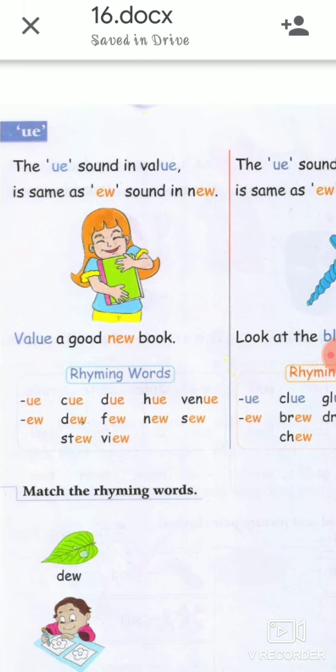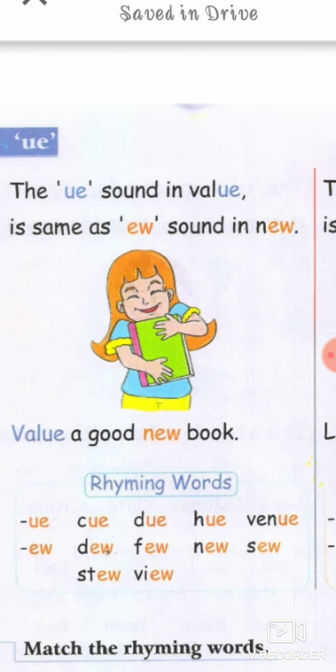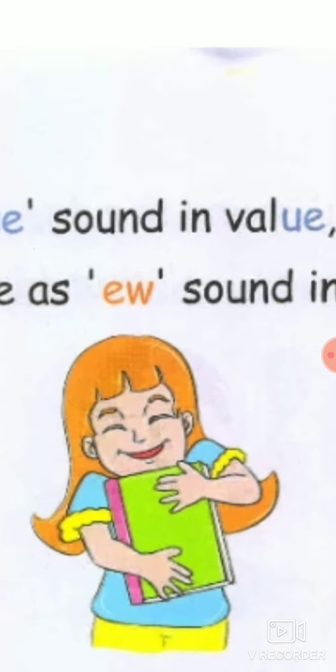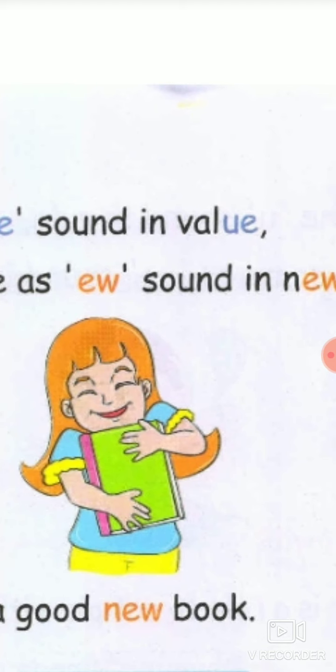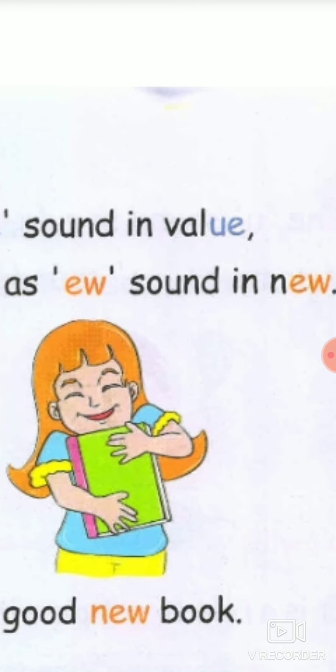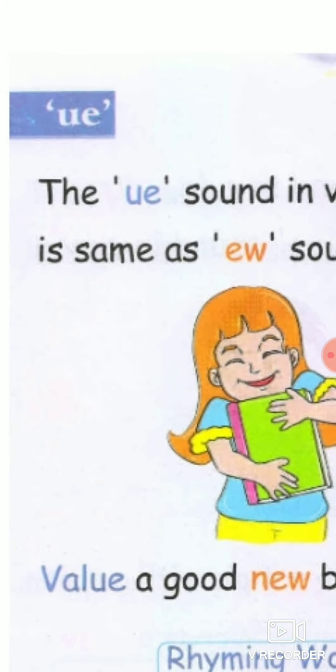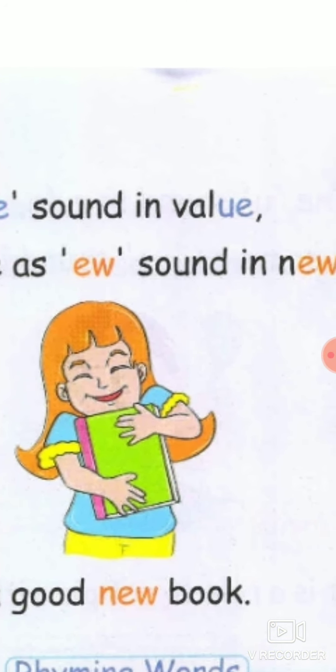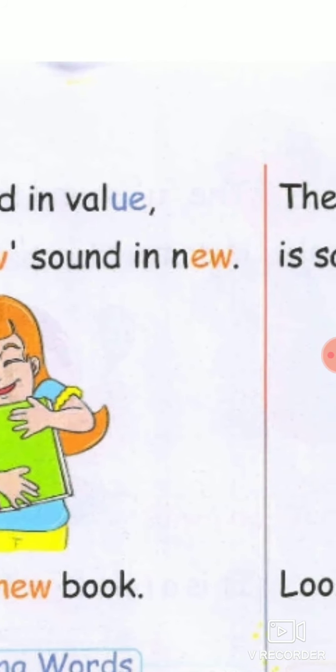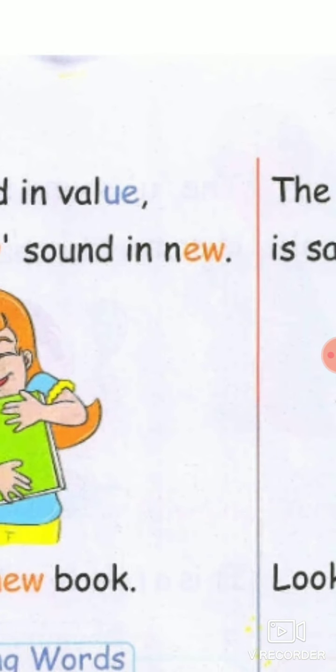Now see here and read with me the UE sound in VALUE. Value is same as EW sound in NEW, new.